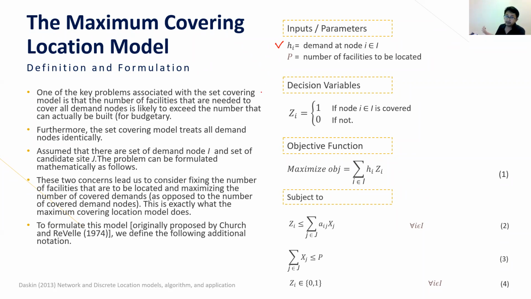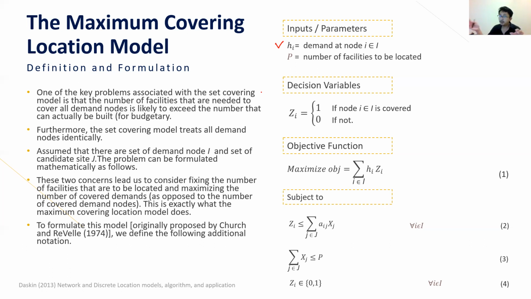If you have the same demand for each node, it means it has the same weight or the same priority to cover those demand. But if one demand is more prioritized than the other, you should try as much as possible to cover those demand, right? For example, in the real case, perhaps you have one location that has more customers than the other location.